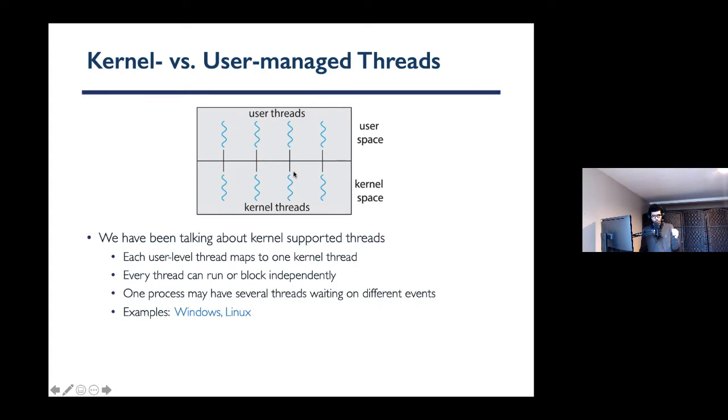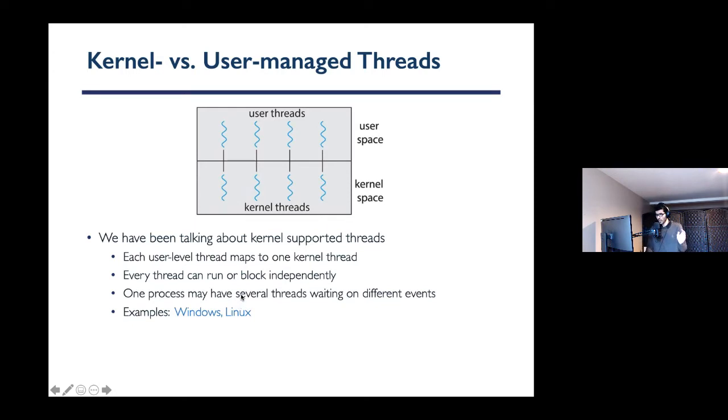What exactly this means is that if you want to create a user thread, you create support for it inside the kernel. If you want to context switch between these two threads, you call system calls to yield, for instance, or context switch between the threads. And that's basically what you have in Windows and Linux and Mac and such.